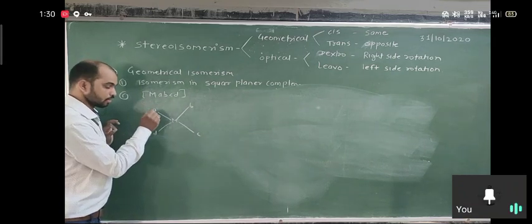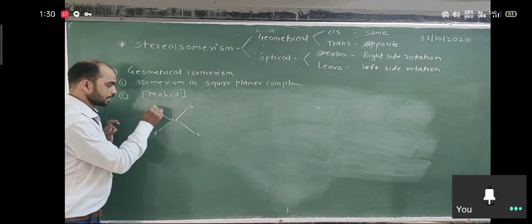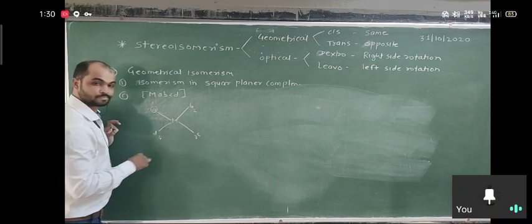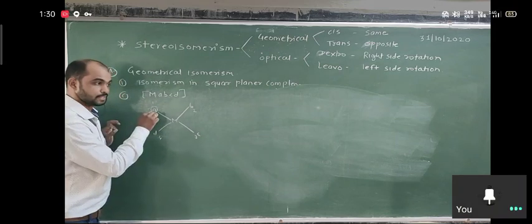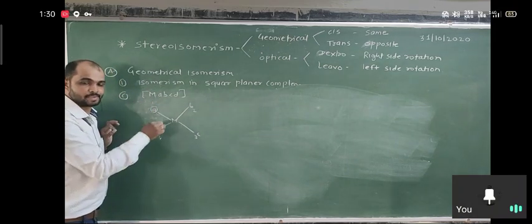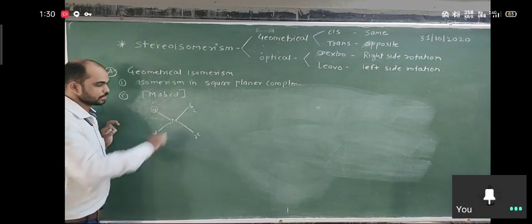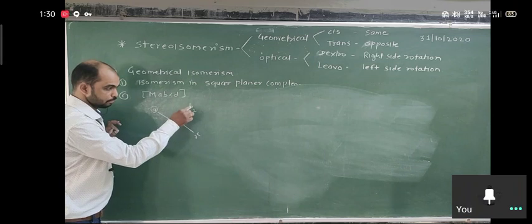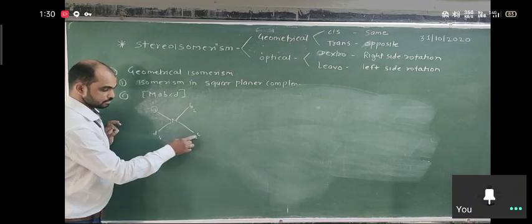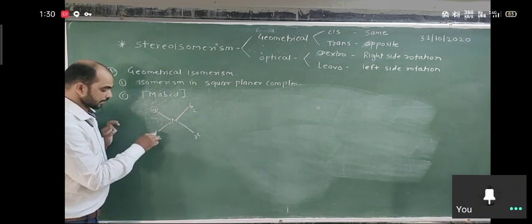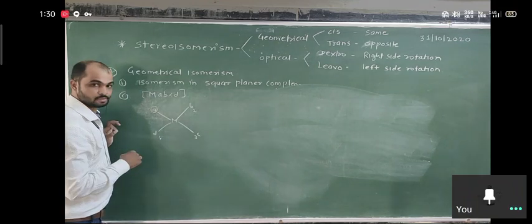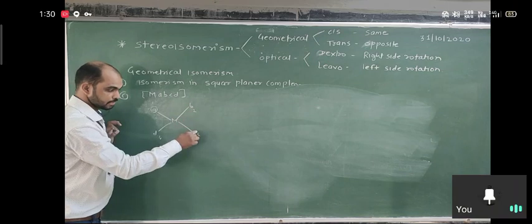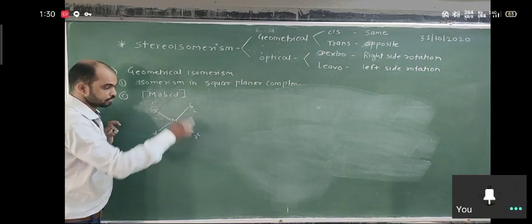So we hold A at the first position, 1, 2, 3 and the fourth position. In all structures A remains at the first position, we just rotate the remaining three. In that structure, B is at the second position, C at the third position, D at the fourth position. In the next, what is the possibility? D rotates here, B comes here and C goes here. So this way there is a rotation.